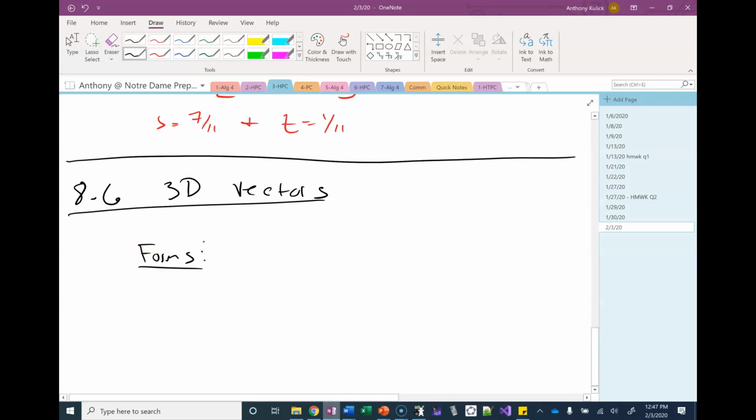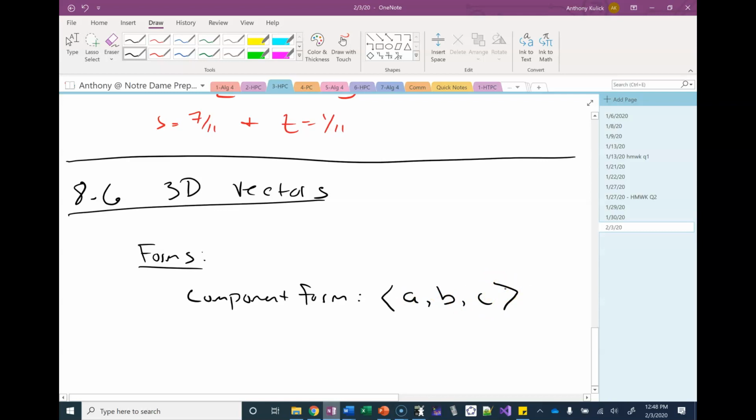So there's 3 different forms that we use to represent vectors. There's component form. In 2 dimensions, component form was the wedge brackets and then an A and a B. For 3 dimensions, it's going to be the same thing, except we have a 3rd component.